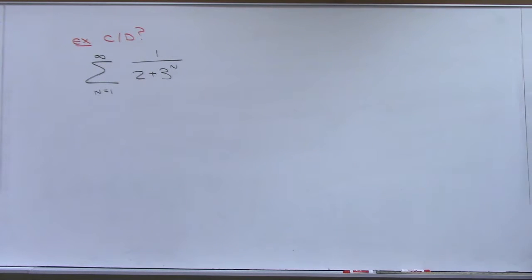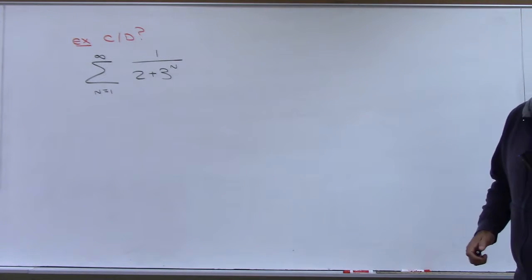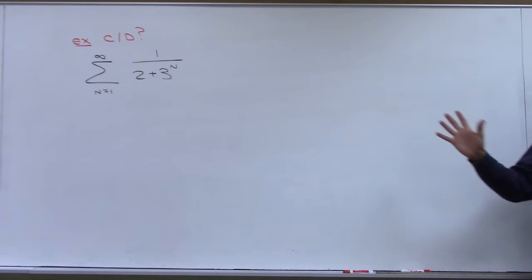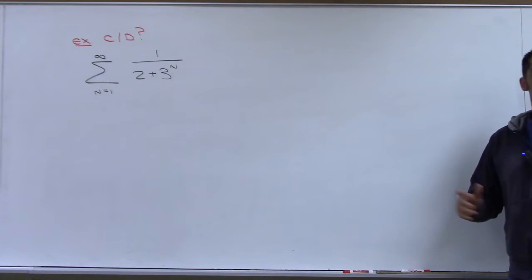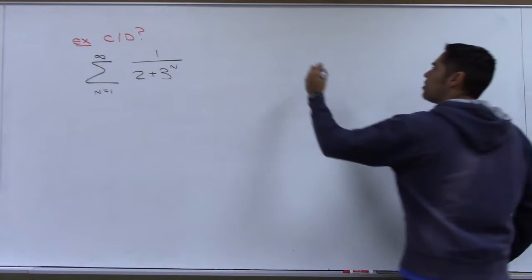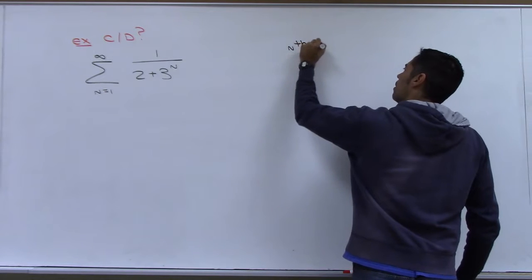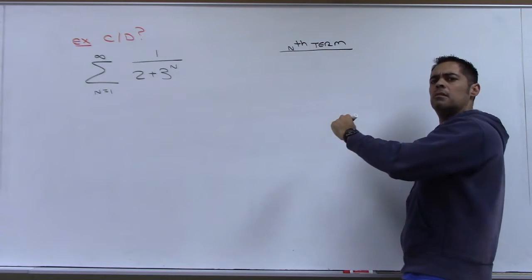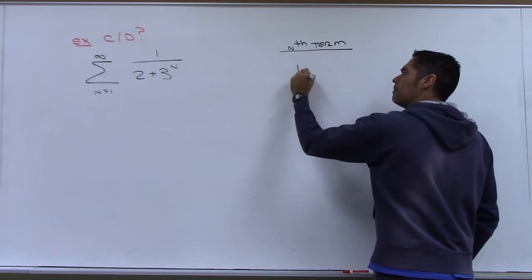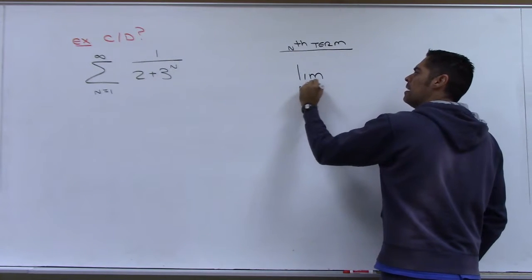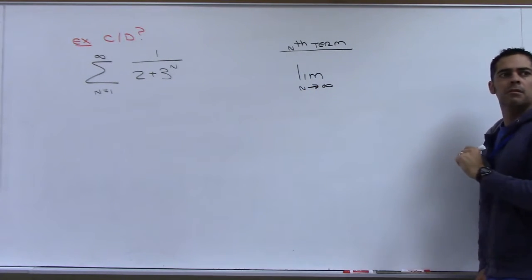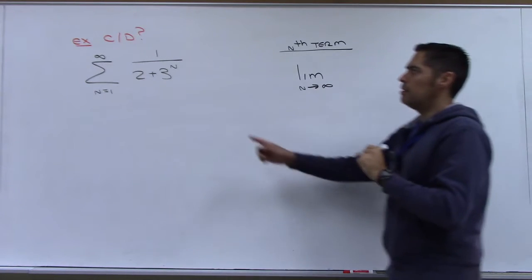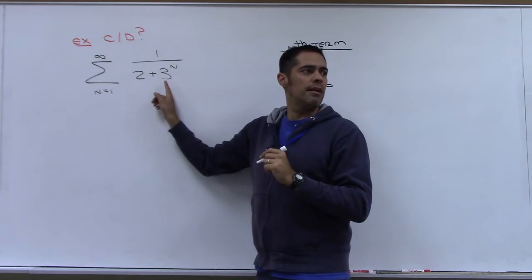So if you saw that on a test, what would you do first? Probably the nth term test, which is the first test we ever like to do. And that one, the nth term test, all you do is take the limit as n goes to infinity of the sequence of this right here, okay?